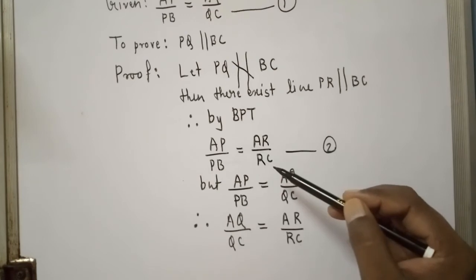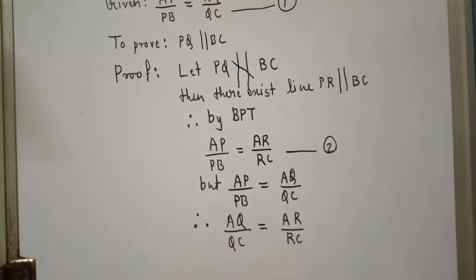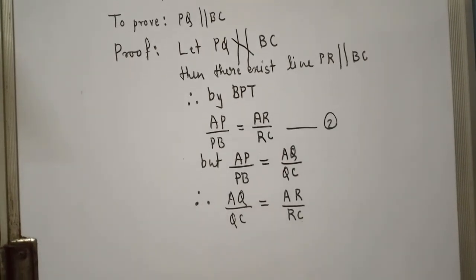Now if I apply componendo, what is componendo? It is a property of ratios where you add the denominator to the numerator on both sides. Or if you don't want to apply componendo, we can simply add 1 to both sides.